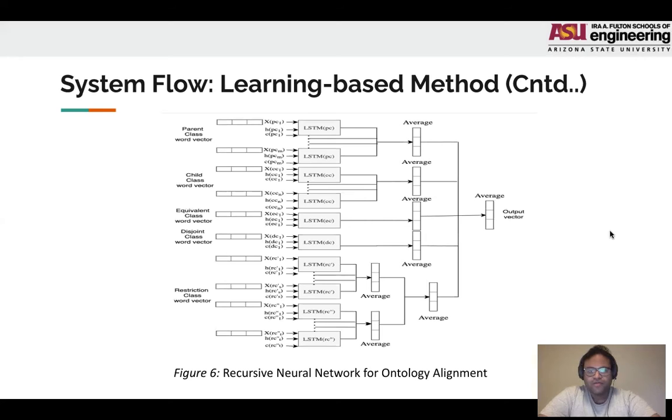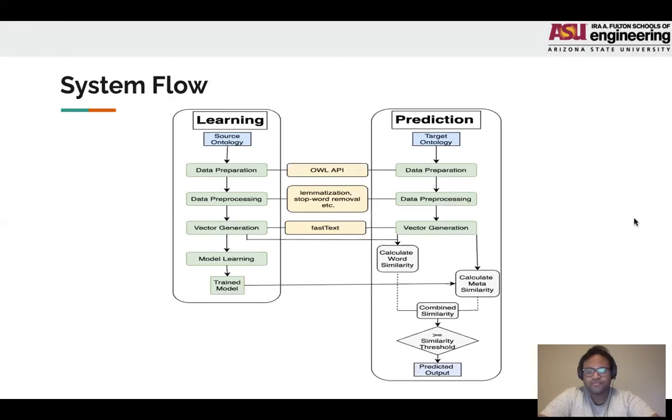This is a very high level overview of our RNN architecture where we have the parent class word vector as input, and the child class word vectors as inputs are simply averaged out and then merged into a single vector. So in the end, we have the output vector and that's how we are training our model.